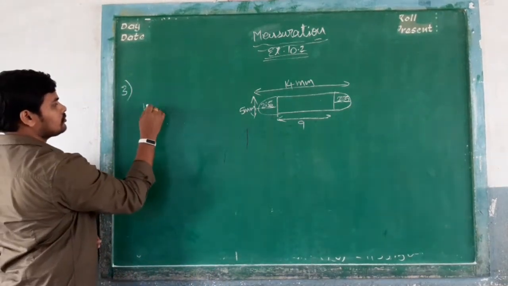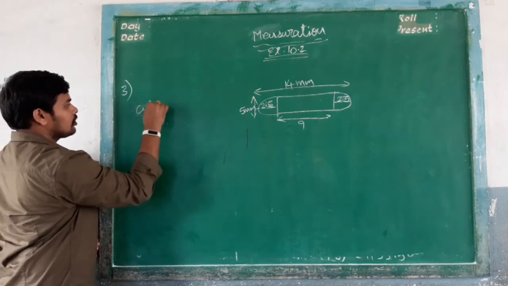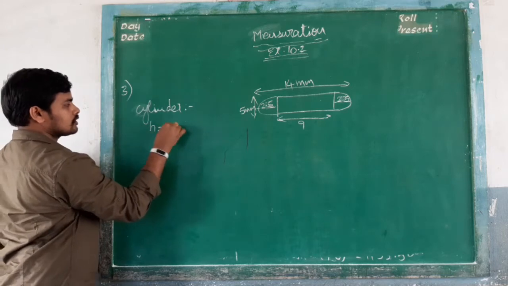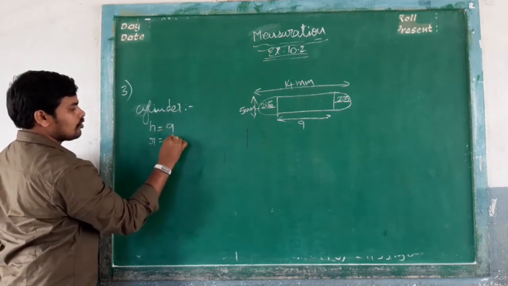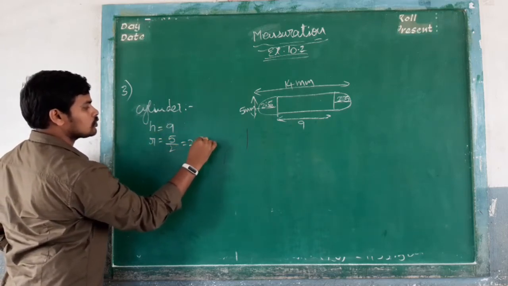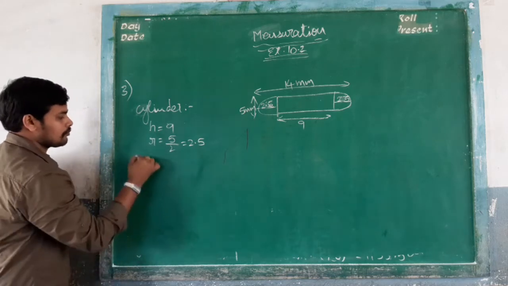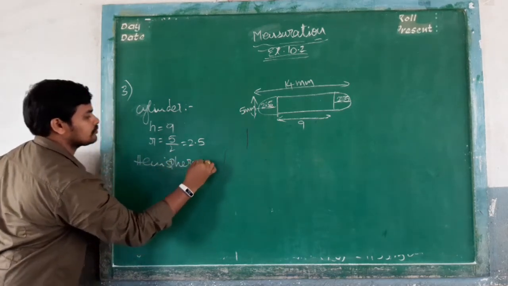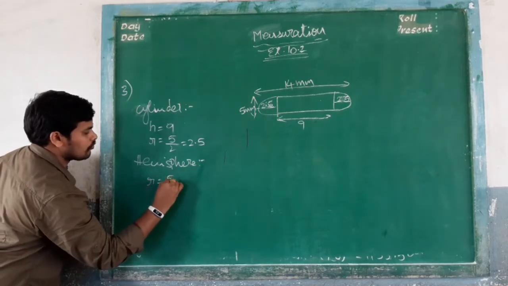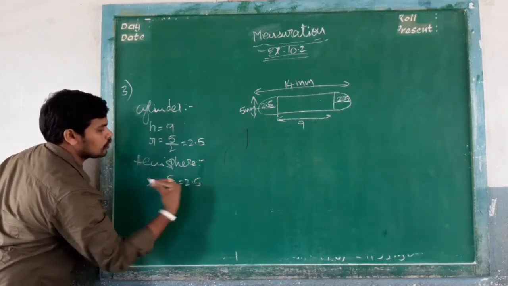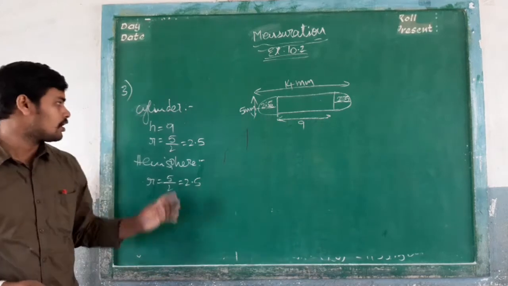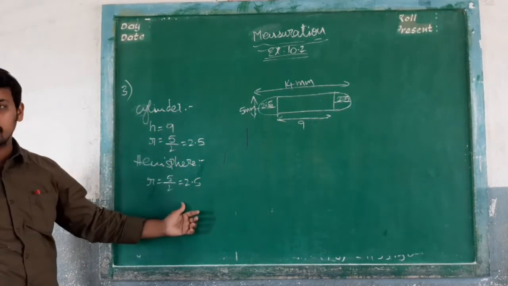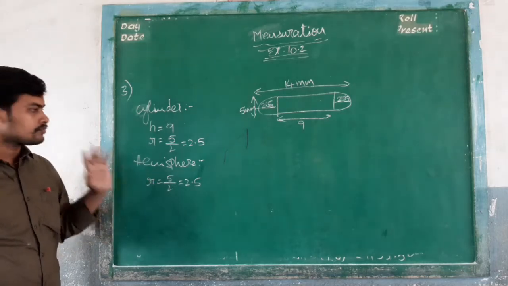For the cylinder, height is 9, radius is 5 by 2, that equals 2.5. For the hemisphere, radius is 5 by 2, that equals 2.5.